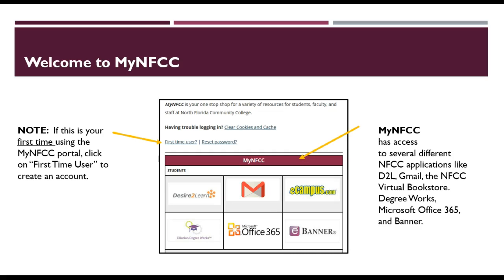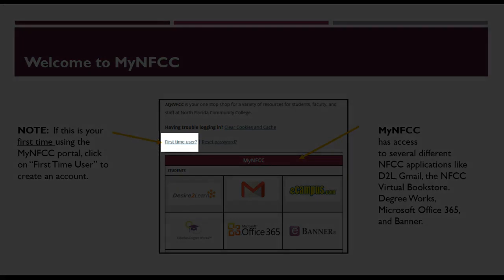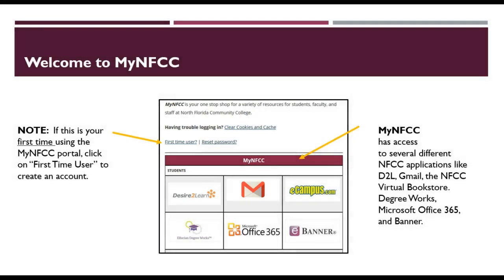Your Welcome to My NFCC page should look like this. If you're a first-time user using My NFCC, click on the first-time user located above the student tabs to create an account. Once you're done creating your account, you may then log in.